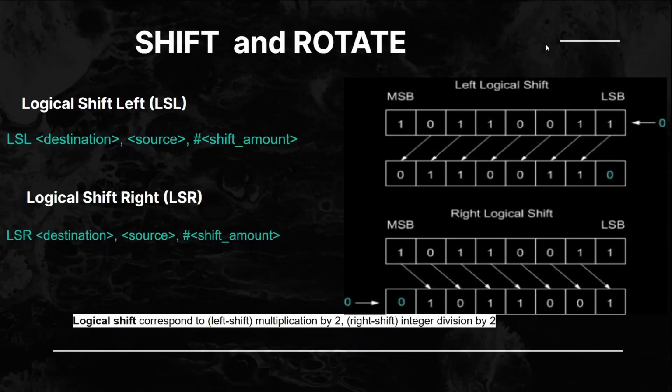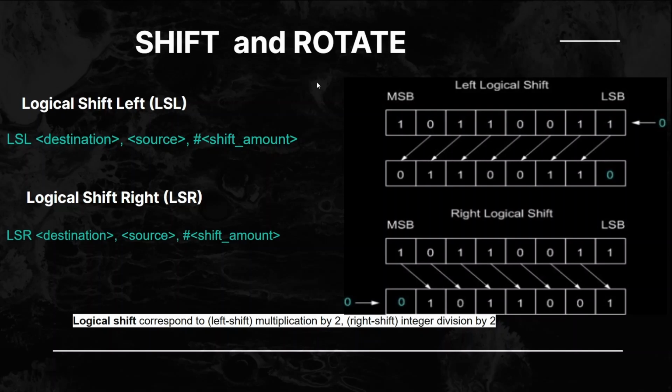In this video, let's look at the shift and rotate operations. These operations are fundamental techniques that are used in digital computing for manipulating binary data at the bit level. The first instruction we have is LSL, that is logical shift left.